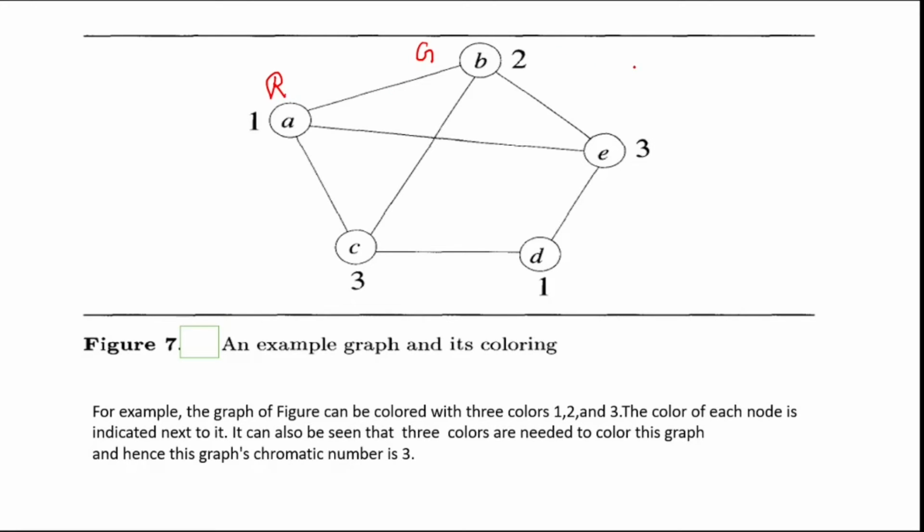Actually, the three coloring problem is NP complete. In the initial classes I gave you some idea: you can imagine the three coloring problem is not easy to solve in polynomial time.